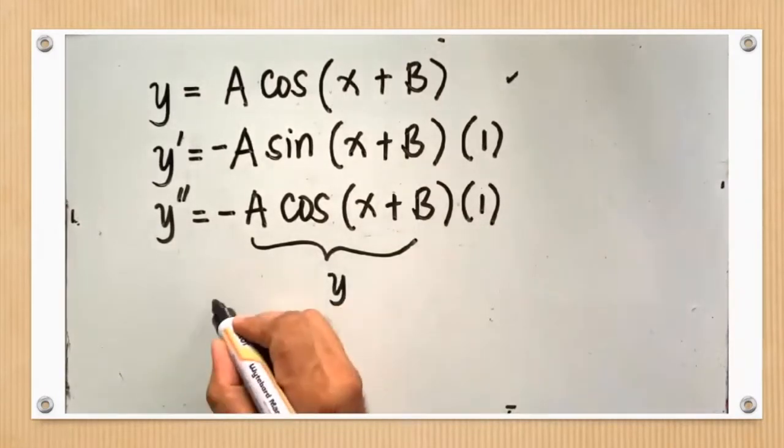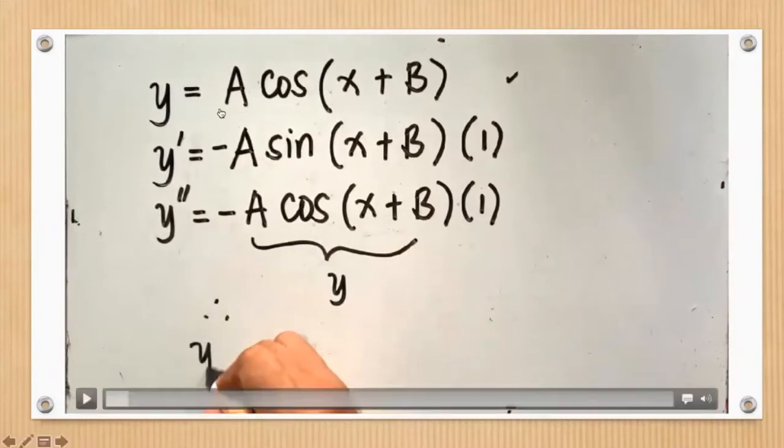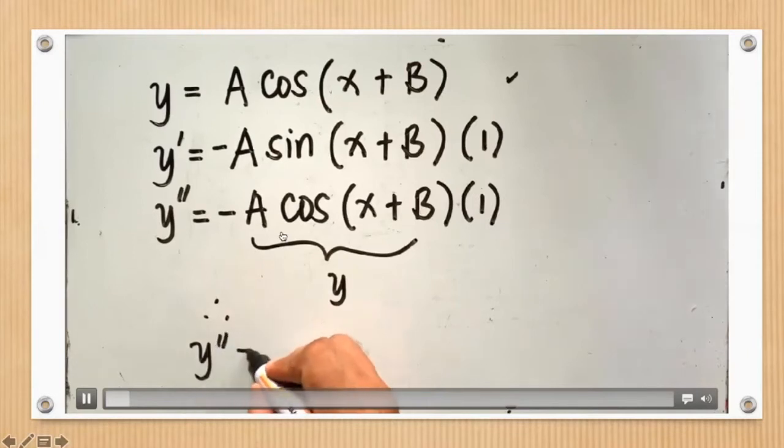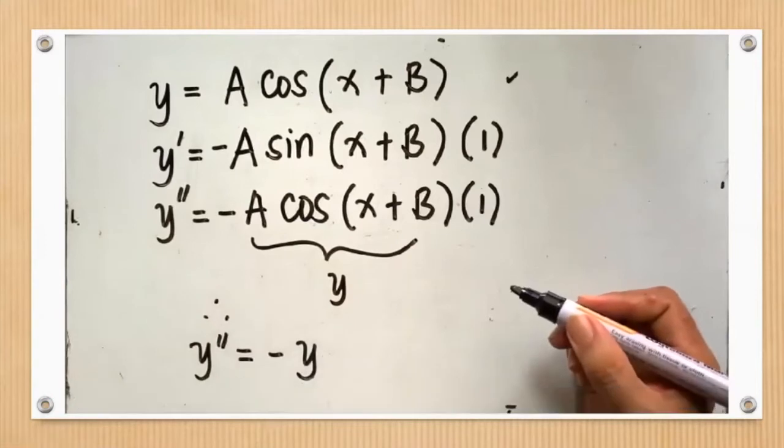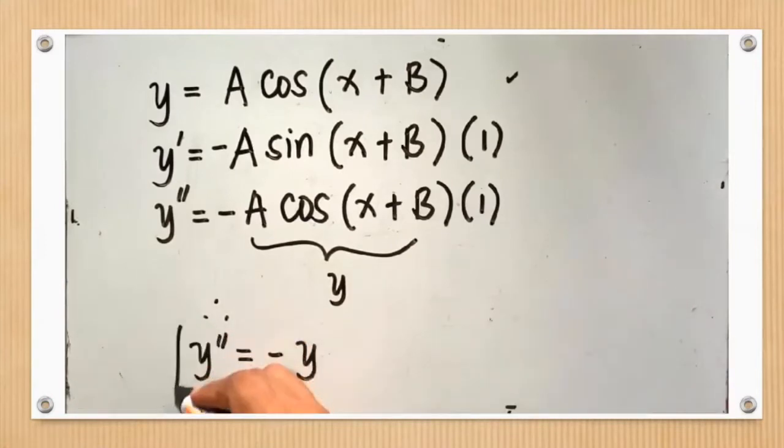As you notice, the given equation here, y is equal to a cosine of x plus b. Ayan, nakita nyo dito sa ating final equation that you can see a cosine of x plus b but of different sign. So what you will do is, of course, you utilize this first equation. You substitute na yung a times cosine of x plus b is equal to y. Therefore, by doing that, we're able to eliminate the arbitrary constant.